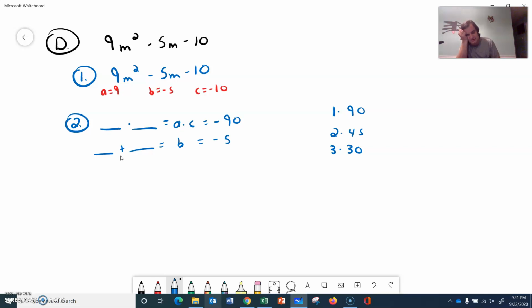No, 4 does not work, but 5 times 18, those are 13 apart. 6 times 15, those are 9 apart. And then 7 does not go into 90, 8 does not, 9 times 10, but those are 1 apart.